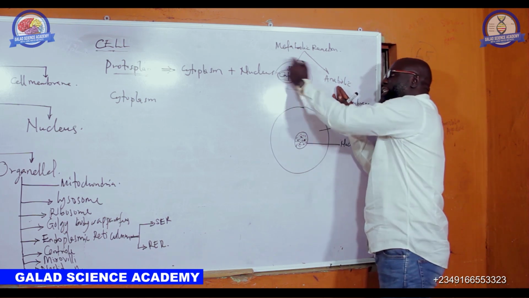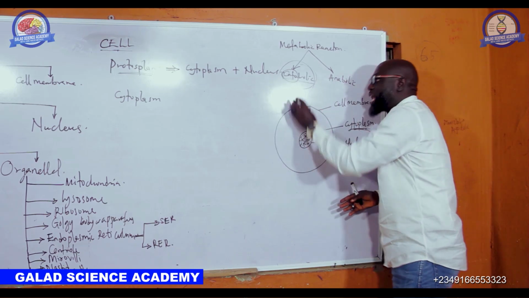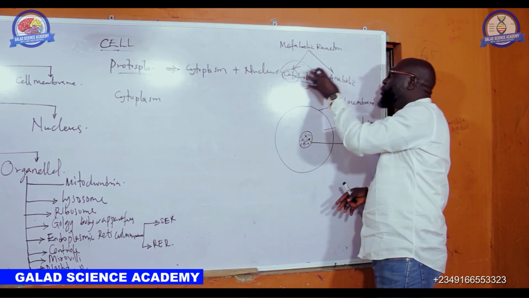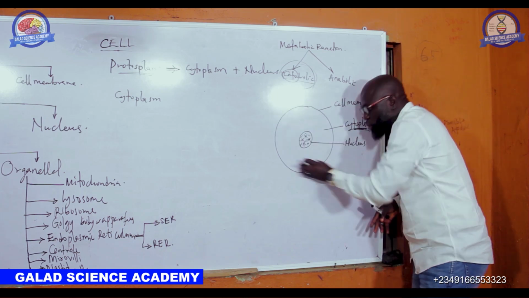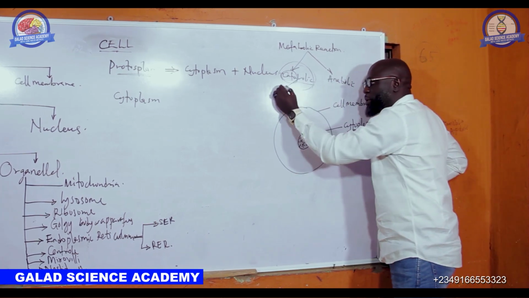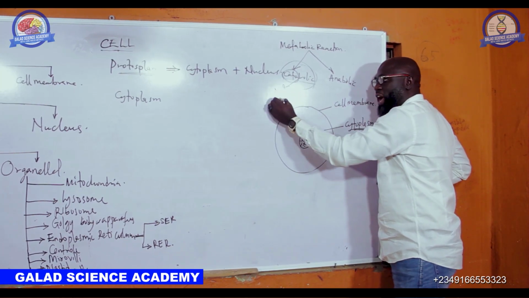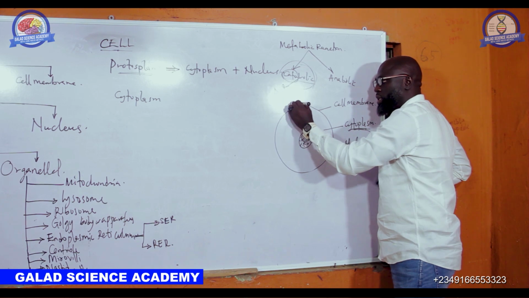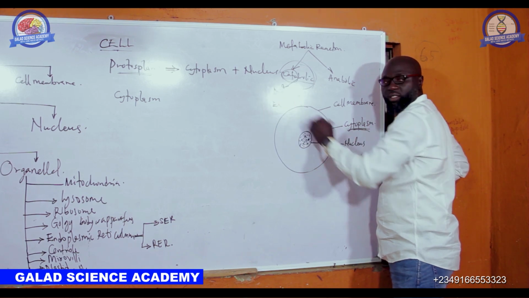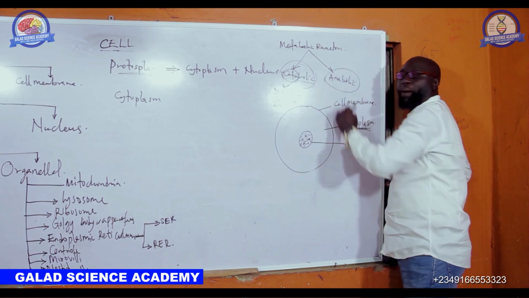So when the breaking down of organic particles is occurring in the cell, we have catabolic reaction. When the building up of organic particles occurs in the cell, we call it anabolic reaction. What are the examples of catabolic? We have digestion, respiration, and excretion. But what are the examples of anabolic reaction?